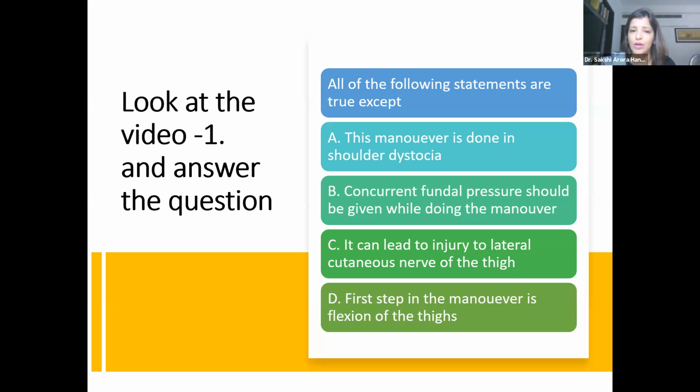Option D, the first step in the maneuver is flexion of the thigh, right? So actually all the statements seem correct. I had to put one incorrect statement, but I have put all correct statements. That's my mistake, I'm sorry.